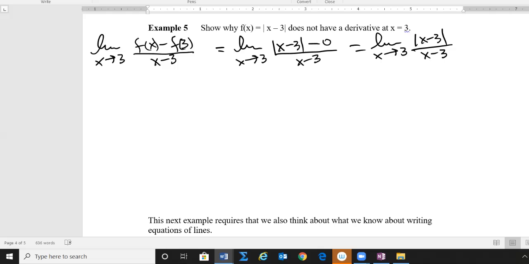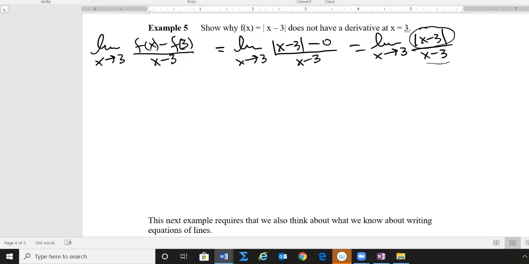Okay, now, the problem here is that you may realize right away that you're going to have two answers for this limit, not a single answer. And the reason is because notice that this absolute value, essentially it means that the x minus 3 can be positive or it can be negative. It doesn't really matter. That's what this says up here, that it will be the same when you put absolute value bars on it.